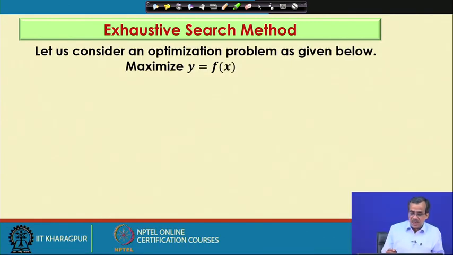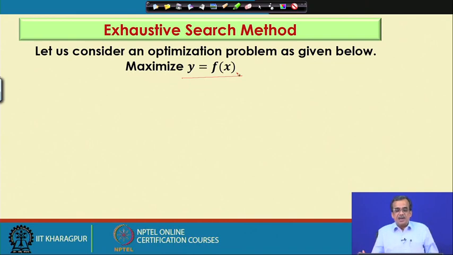Let us consider an optimization problem of the form: maximize y equals to f(x). This is the function which I will have to maximize, and let me assume that this is a unimodal function.